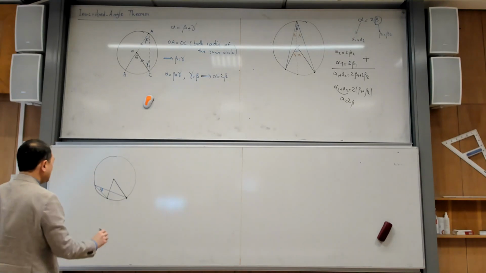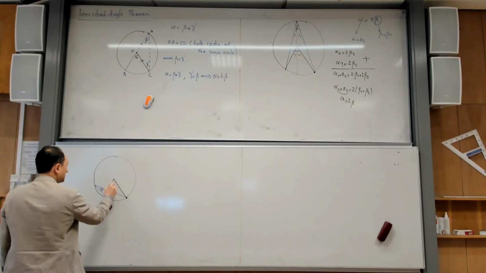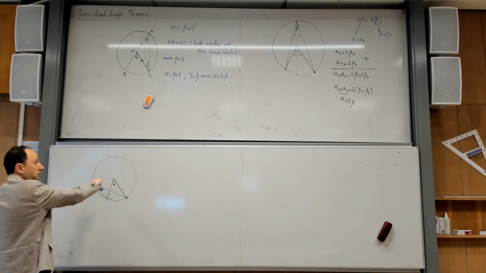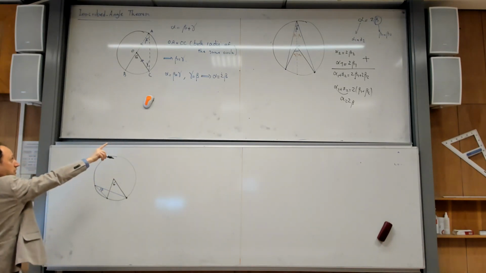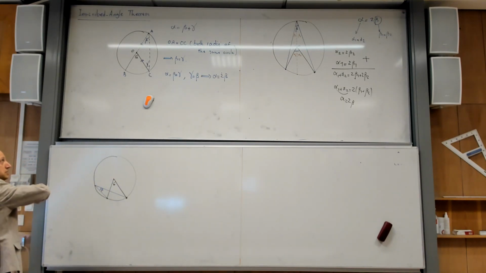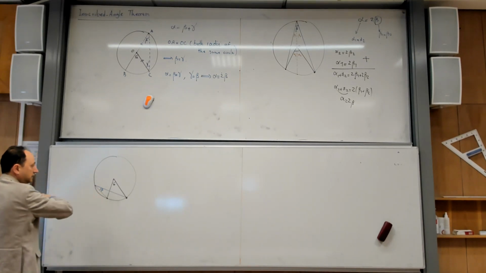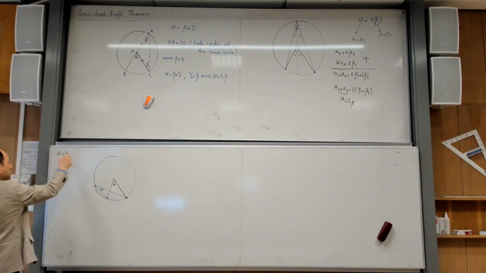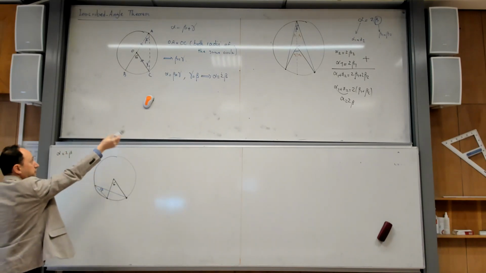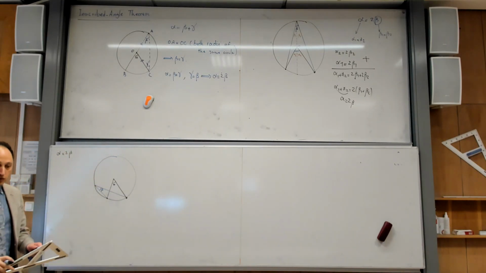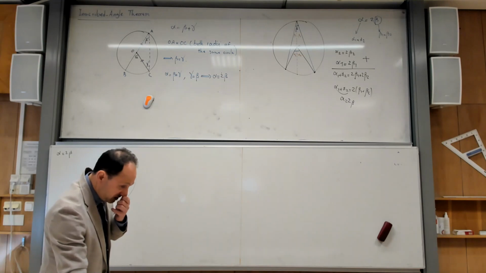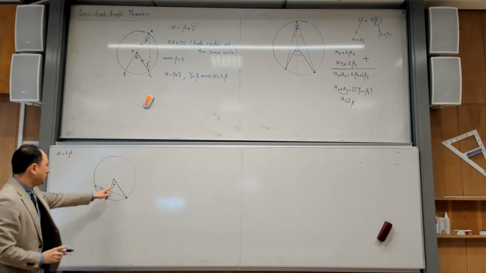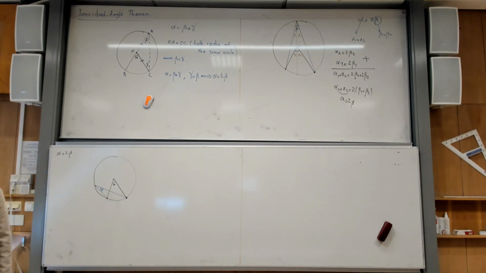Why do you think this is also true? So three different scenarios. In the first two cases, I was able to show that the relation is the same, even though the pictures are different. Here I want to show that again, alpha is 2 times beta, even though this is also different from the previous one. So why do you think this is also correct, that alpha is 2 times larger than beta?